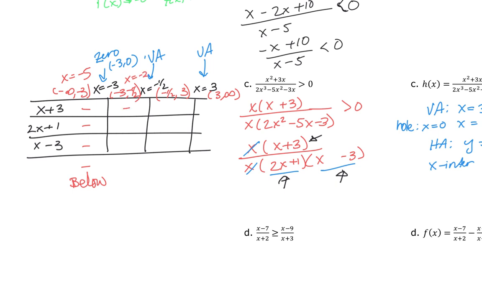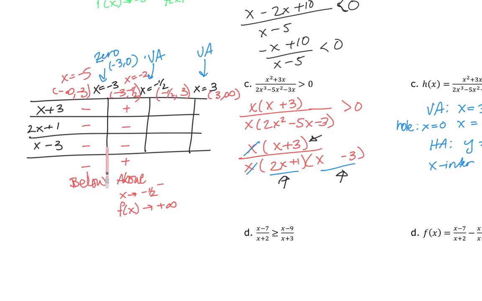This is positive, this is negative, this is negative, so this is above, plus, so it's above. X equals negative 1/2 is a vertical asymptote. So as x approaches negative 1/2 from the left, my function is going to be approaching positive infinity.